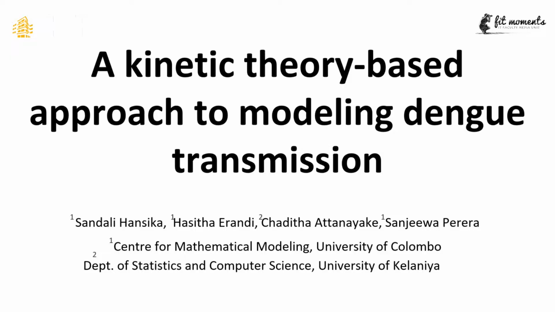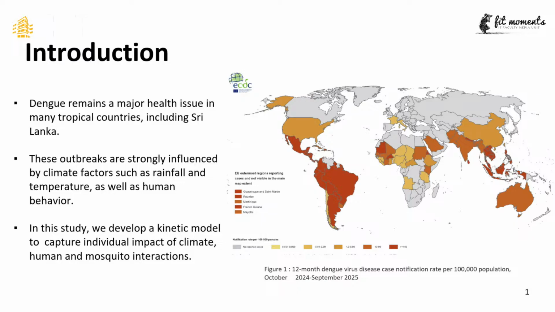Hi everyone, I'm Sandali Hansika from University of Colombo. This is my research project, a kinetic theory based approach to modeling dengue transmission. We already know dengue is a major public health issue in tropical and subtropical countries, including Sri Lanka, as you can see in this picture.